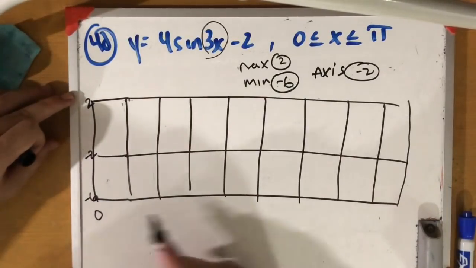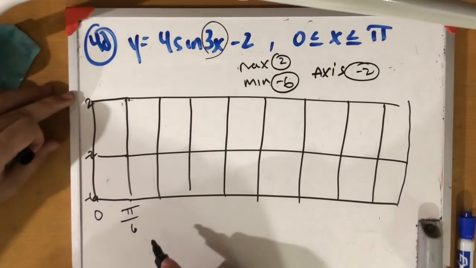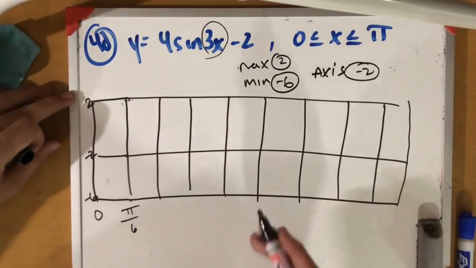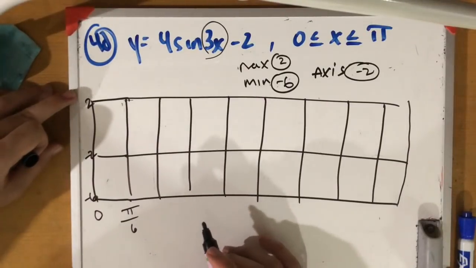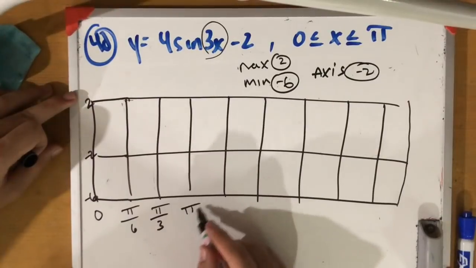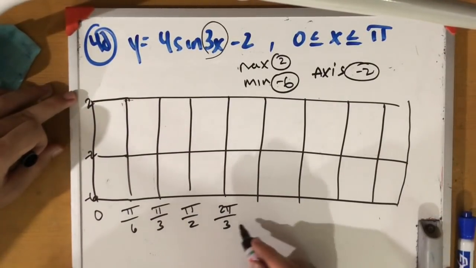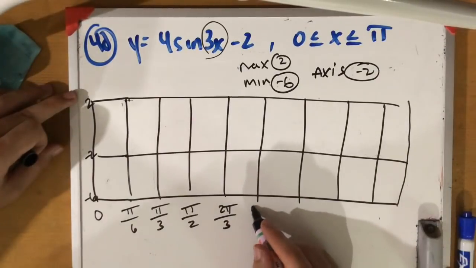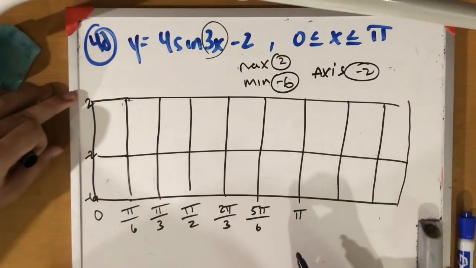So axis is at negative 2, max is at 2, min at negative 6. We're going to go from 0, again, we're going to go by 30s. 30, you should know that would be pi over 6. We're going to add pi over 6 to each additional step. Okay? So pi over 6 plus pi over 6, pi over 3. We got pi over 2, 2 pi over 3, 5 pi over 6, and then pi.